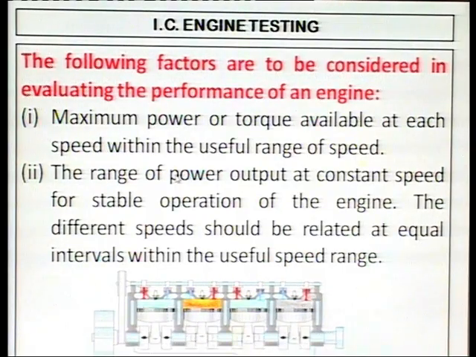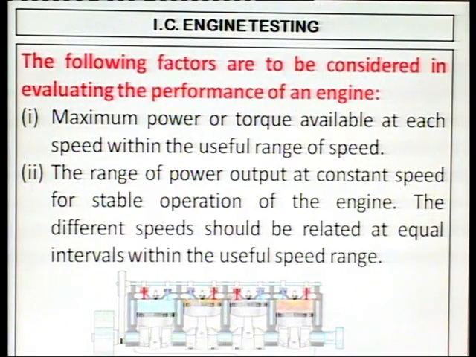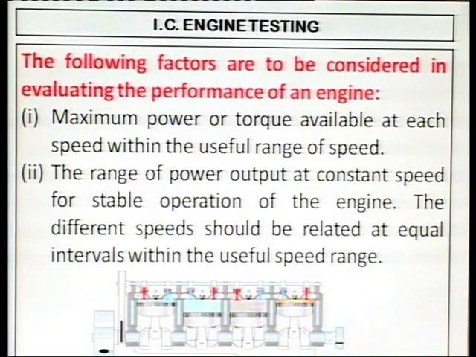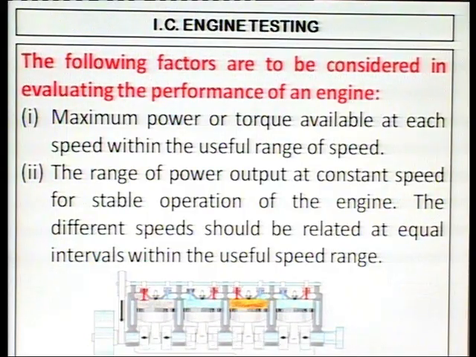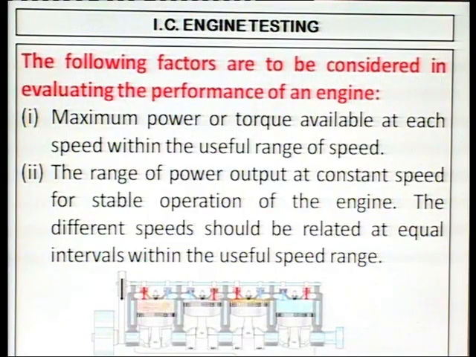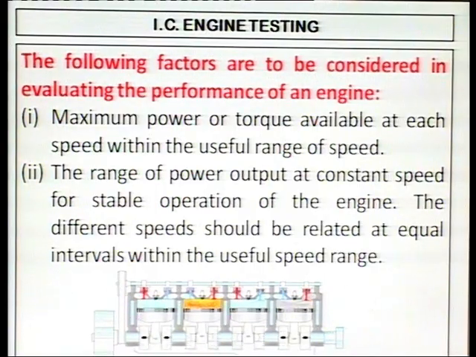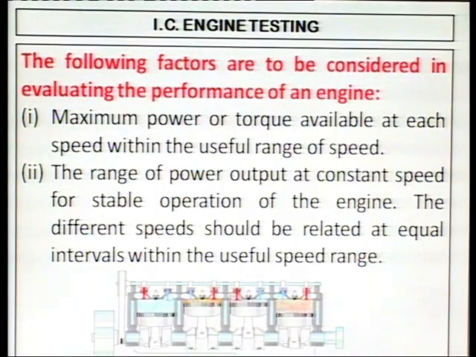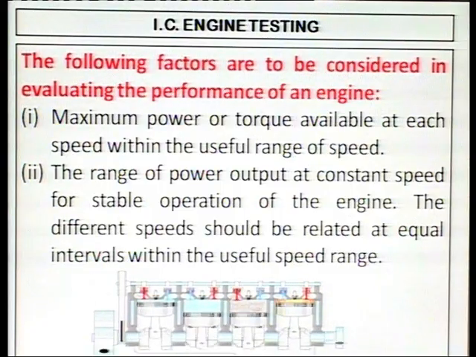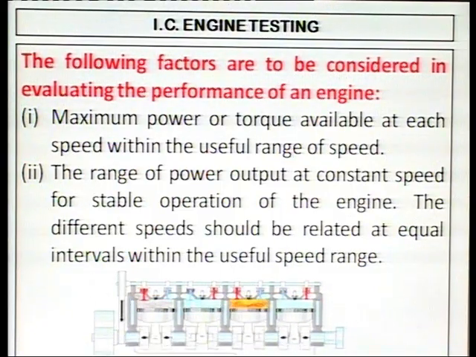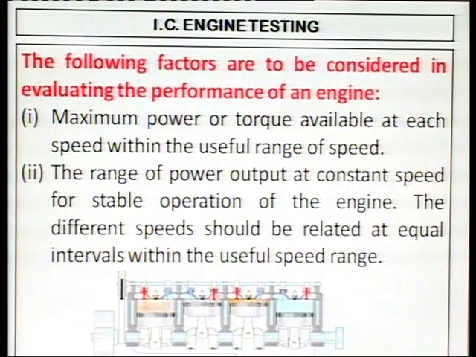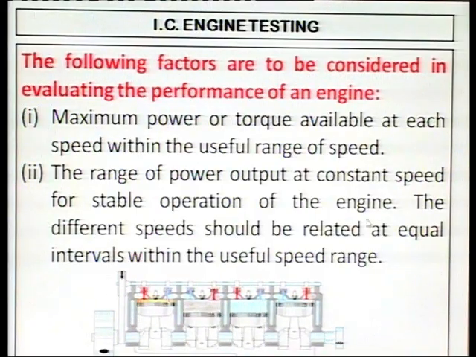The following factors are to be considered in evaluating the performance of an engine. First, maximum power or torque available at each speed within the useful range of speed. Second, the range of power output at constant speed for stable operation of the engine.